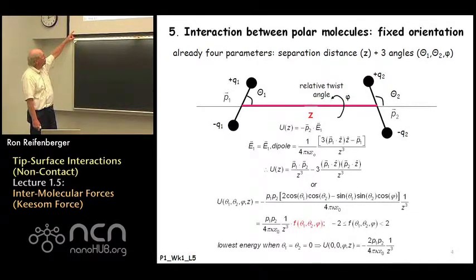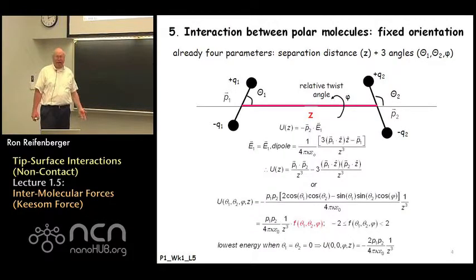The interaction potential energy is then taken by the dot product of the dipole moment P2 into the dipole electric field E. The dipole electric field E is produced by molecule 1. The dipole moment that's interacting with that is the dipole moment associated with molecule 2. It's P2.